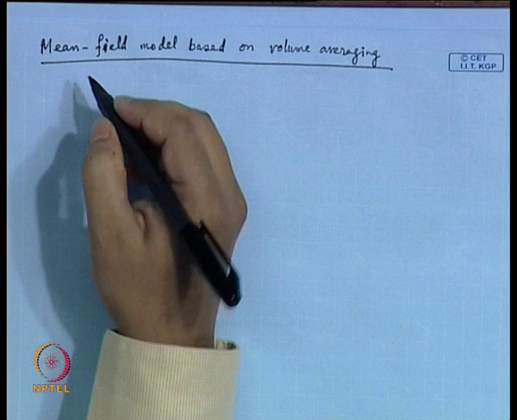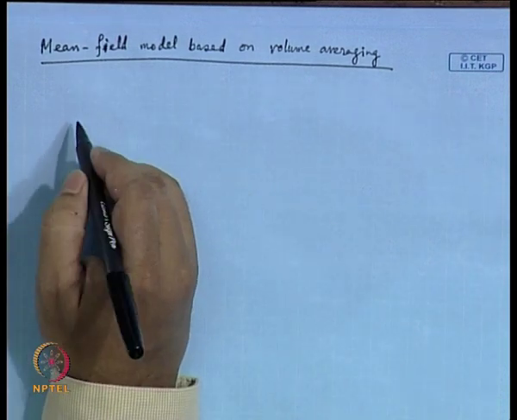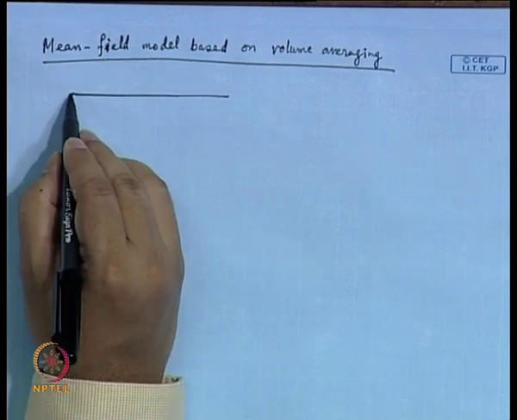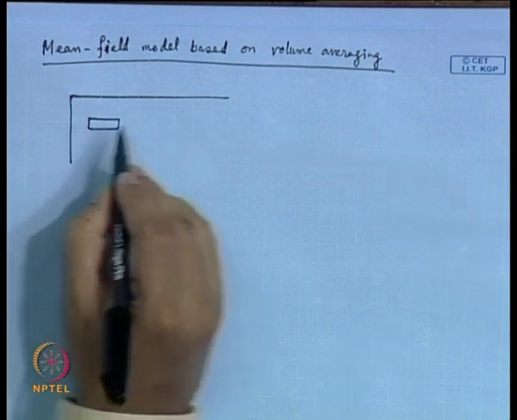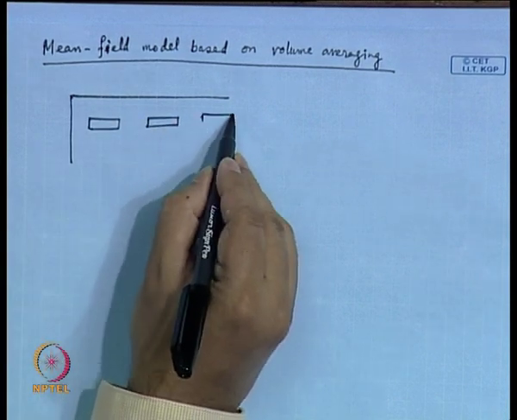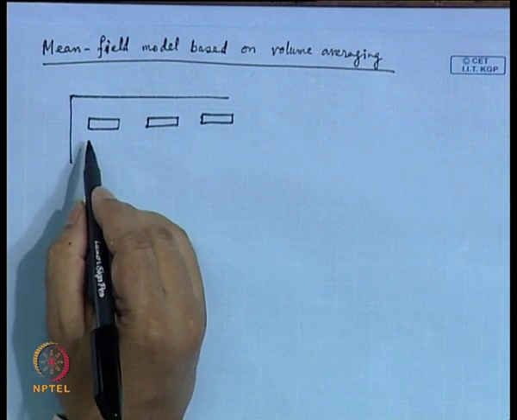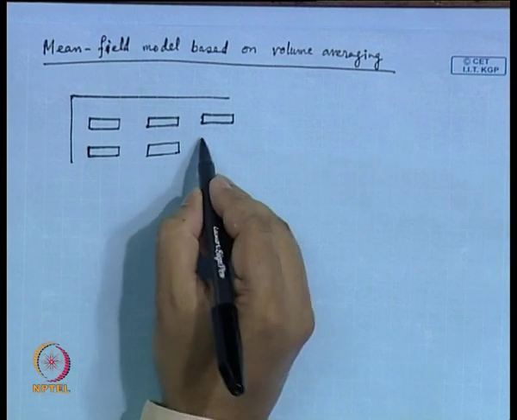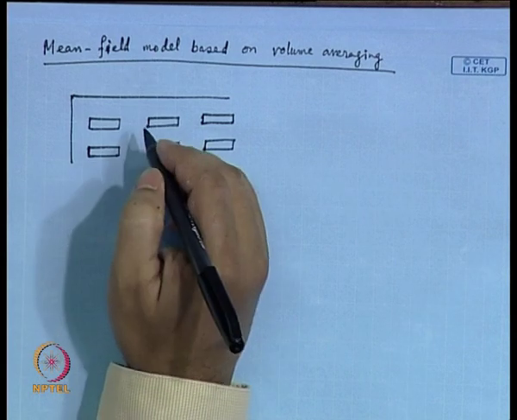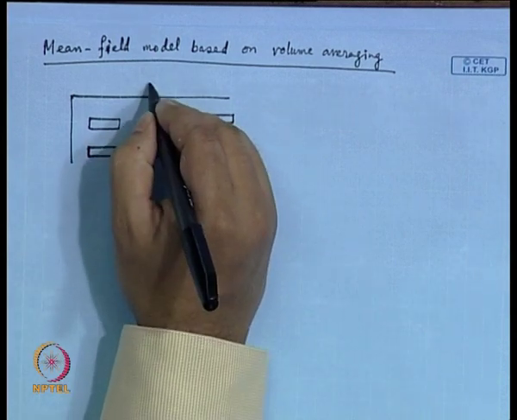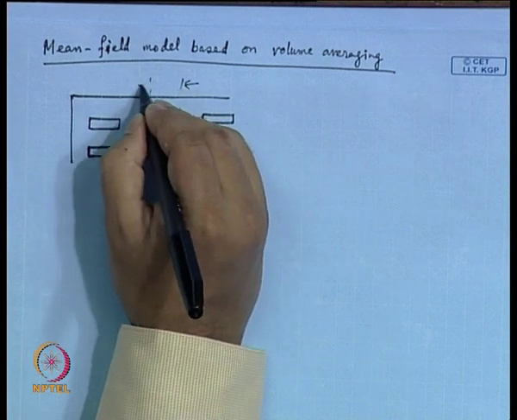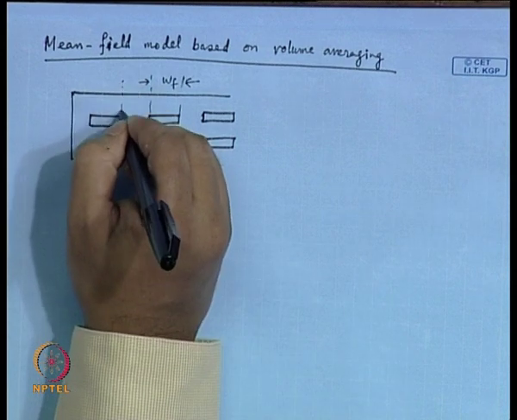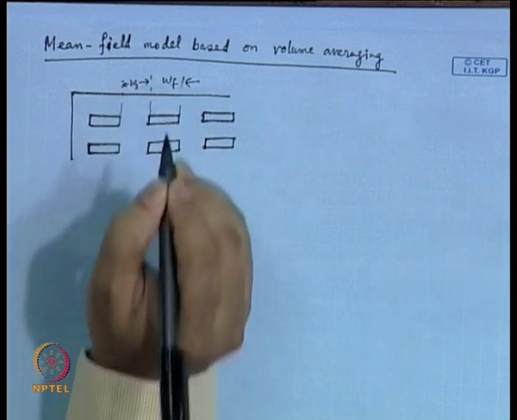What you do here is, if you have this distance as WF and this distance as WS.